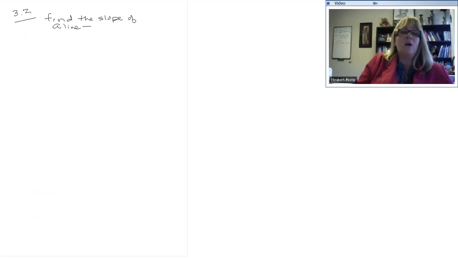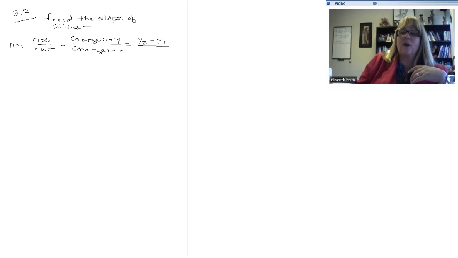Okay? Now, slope is always referred to as the letter M. I don't know why it's not S. I can't give you an explanation. Math doesn't always make sense. Just know it's an M. M means slope. And slope is what we call rise over run, or what we know as the change in Y over the change in X, or take 2 points from Y and subtract them, and take 2 points from X and subtract them.